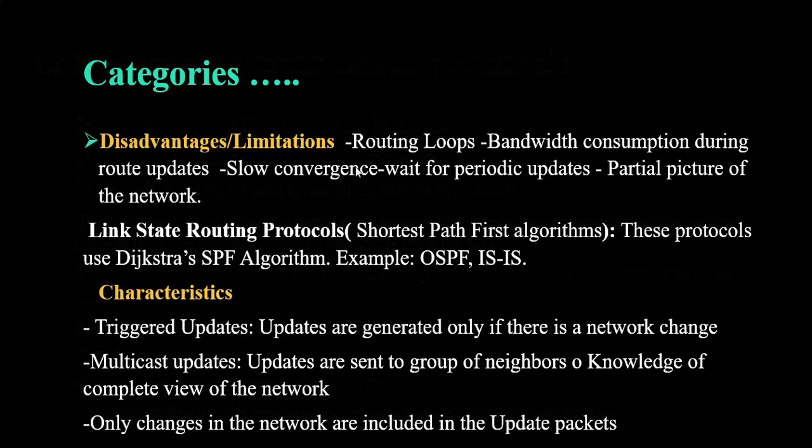The first one is triggered updates. What does it mean by triggered updates? These updates are generated only if there is a network change. It doesn't wait for someone or admin to configure or to update. So they send knowledge once there is a network change.